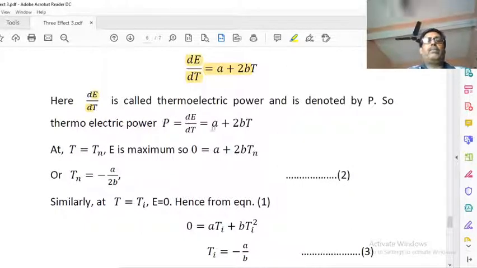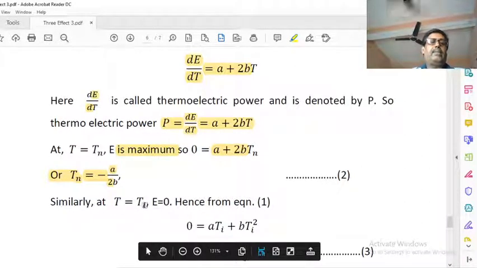So thermoelectric power is dE by dT. At neutral temperature, EMF is maximum, which means its differentiation is 0, dE by dT is 0. So if this is 0, then a is equal to minus 2b Tn, so Tn is equal to this one.